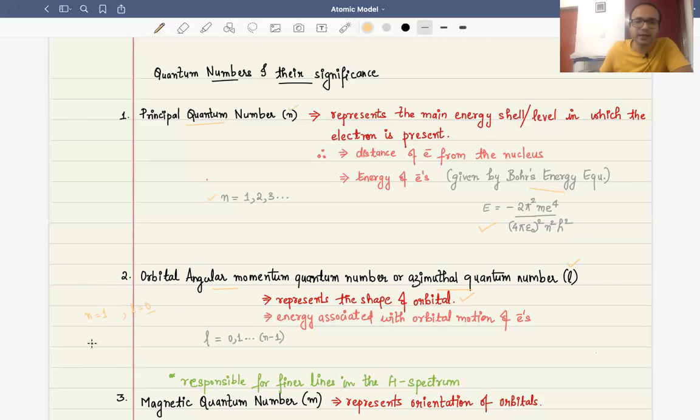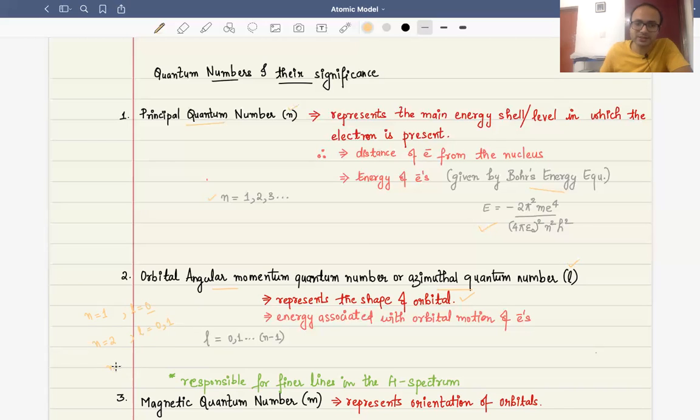Now if you have principal quantum number 2, then the L values that are possible are 2 minus 1, that is 1. So the next value would be 1. So 0 and 1 would be the L values for principal quantum number 2.